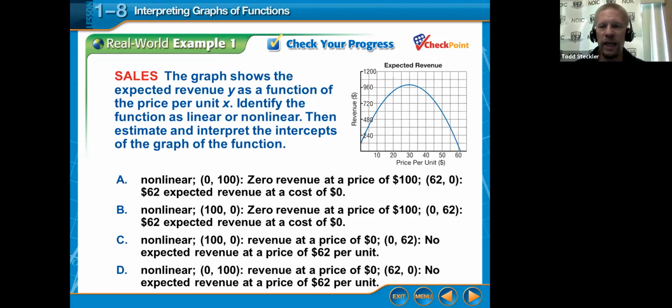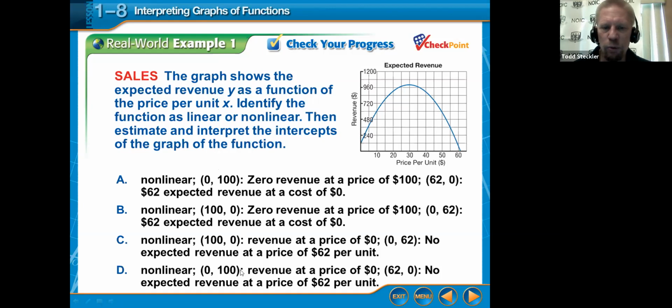So it's between A and D. Now for the y-intercept, which in this case is the revenue, that crosses at this point right here. This is approximately 100, and again, looking at the answer choices, it has to be (0, 100). And so both A and D have that.